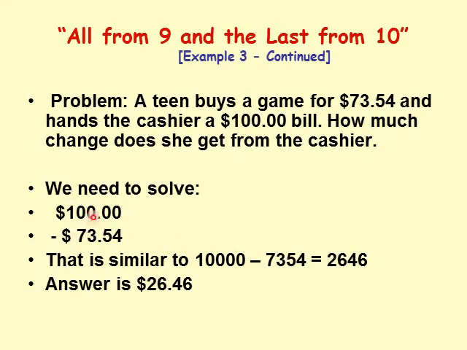Remove the dollar sign and the decimal point, and we are left with 10,000 minus 7354. After we apply the sutras, it becomes 2646: 1 becomes 0, 7 becomes 2 (7 from 9), 3 becomes 6 (3 from 9), 5 becomes 4 (5 from 9), and 4 becomes 6 (the last one, 4 from 10).